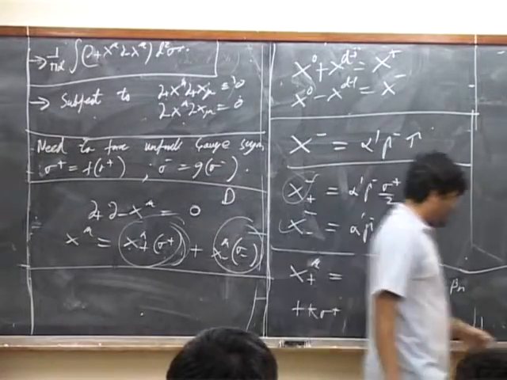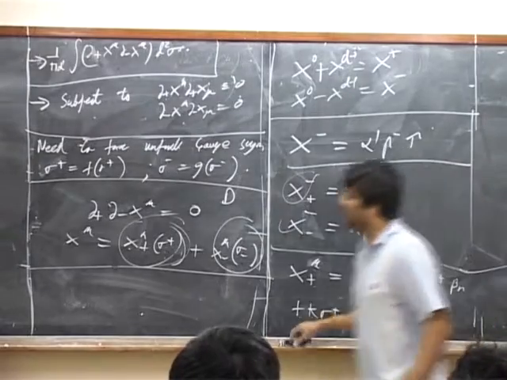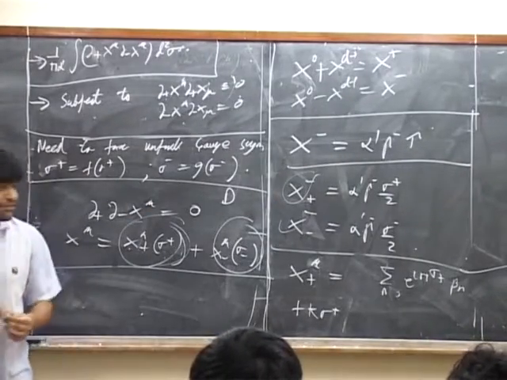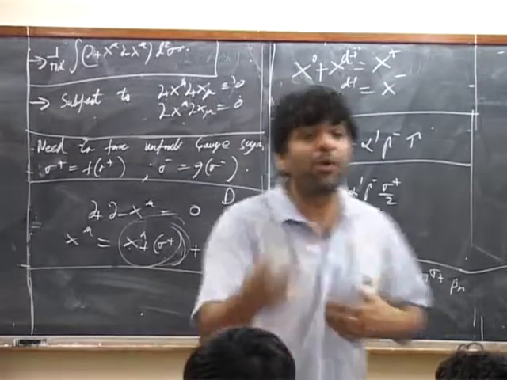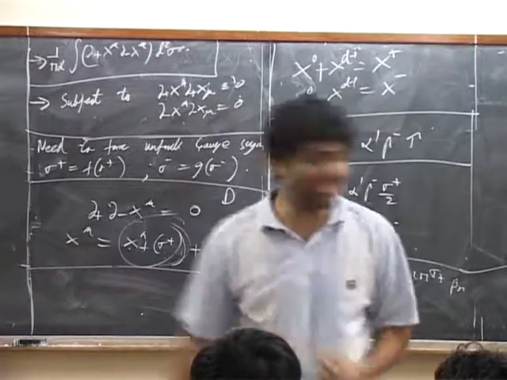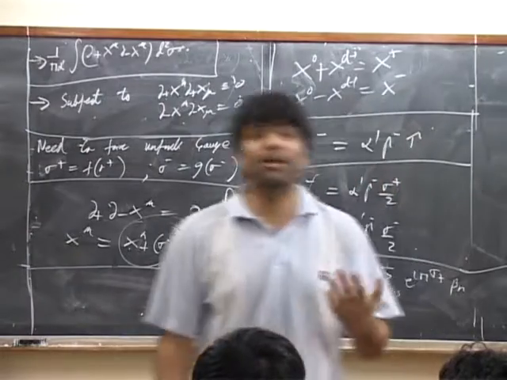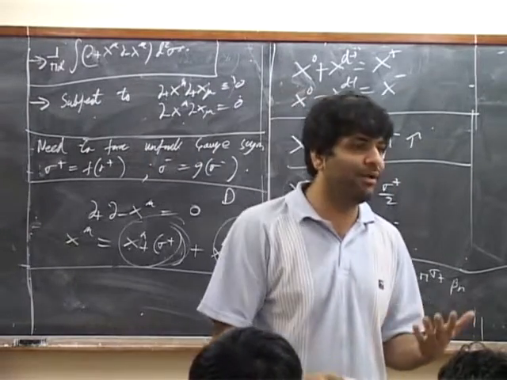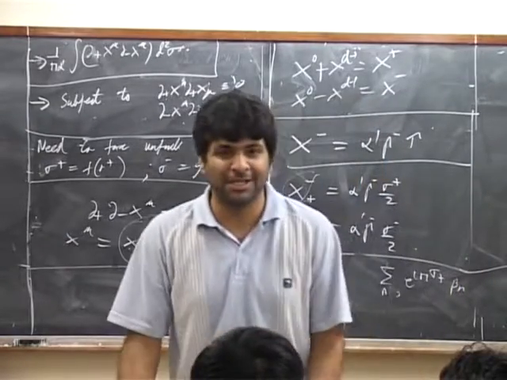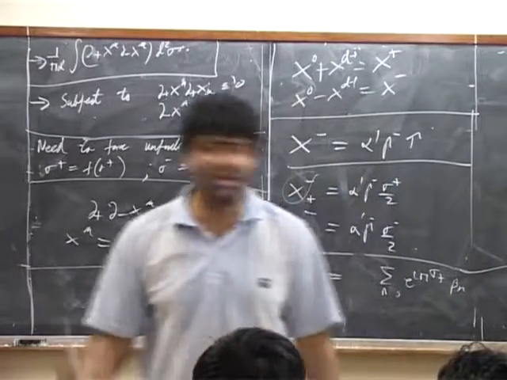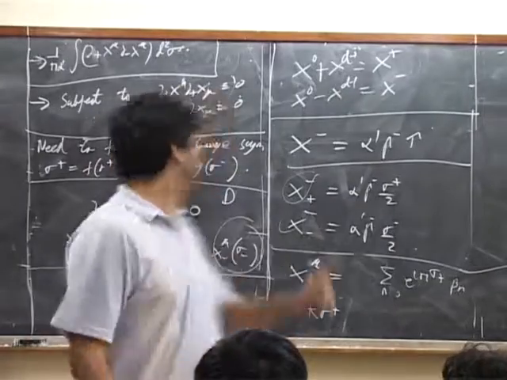Now, let's see. The constraints from fixing a gauge are always the equations of motion that would have followed had you not fixed this gauge. So we want to know what are the equations that come from varying x minus. Can somebody tell me what are the equations that come from varying x minus? X minus, where minus is in space.